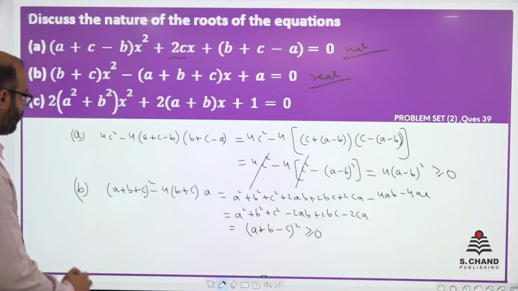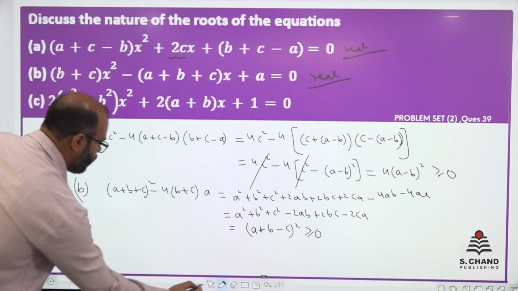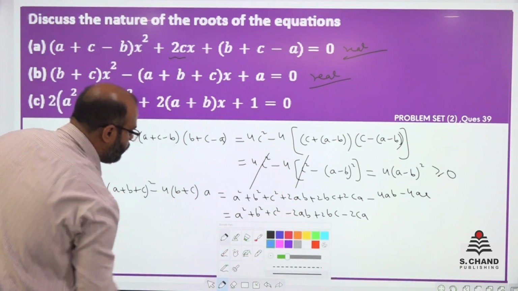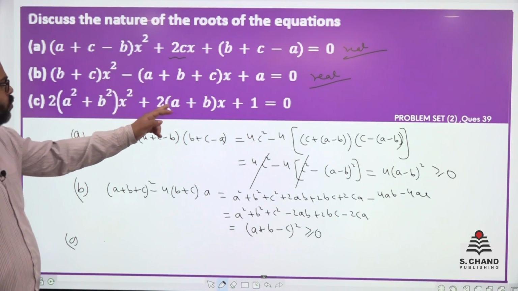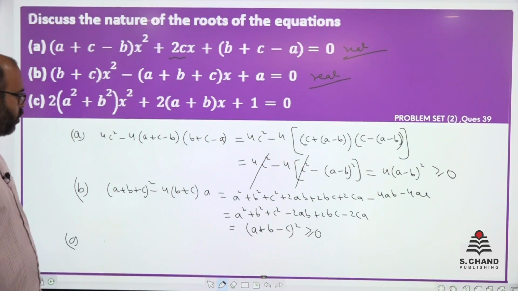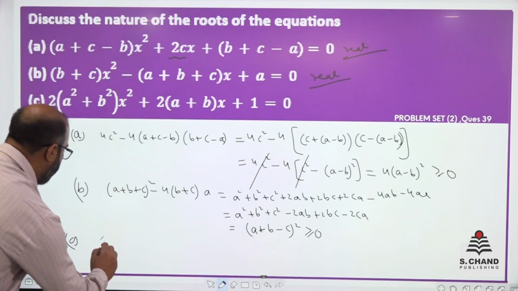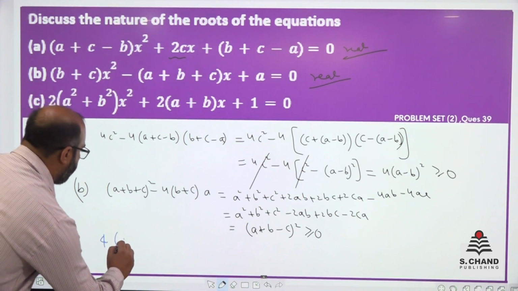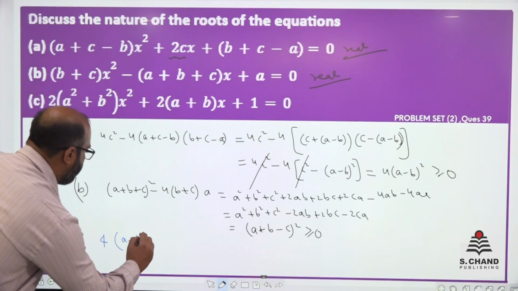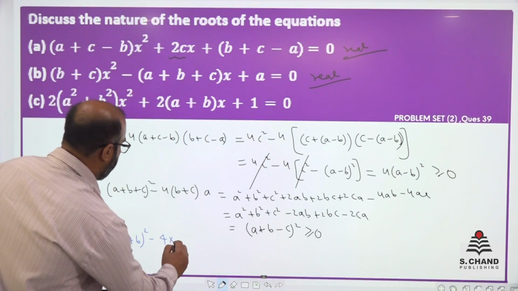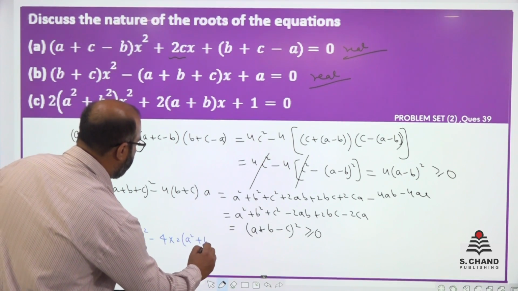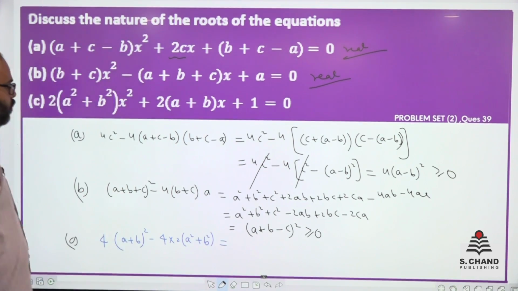What about the third one? It says (2a square plus b square) x square plus 2 (a plus b) x plus 1 equal to 0. So here again the discriminant will be 4 (a plus b) whole square minus 4 into 2 into (a square plus b square) is equal to.